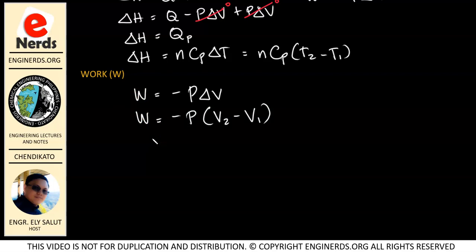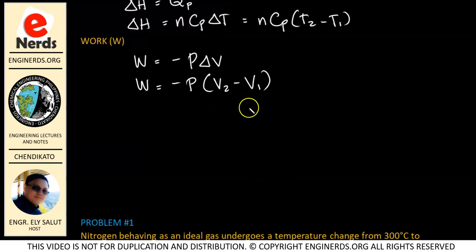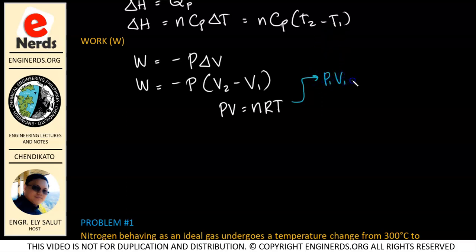But since we know that we are working with an ideal gas here, we could also use our ideal gas equation, in which we know that PV is equal to nRT, right? For the initial condition, our initial pressure and initial volume, P1 V1, is equal to nRT1, our initial temperature.